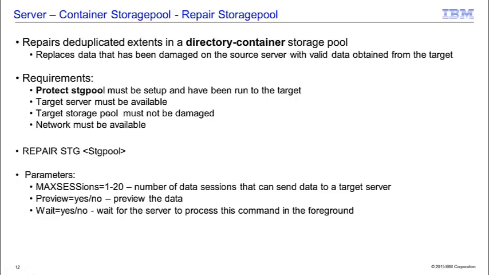And so remember, this means if I have some type of damage occur on my primary server's directory container, I can run this Repair Storage Pool command, and it will pull those extents back from my target replication server and repopulate them on my primary server.